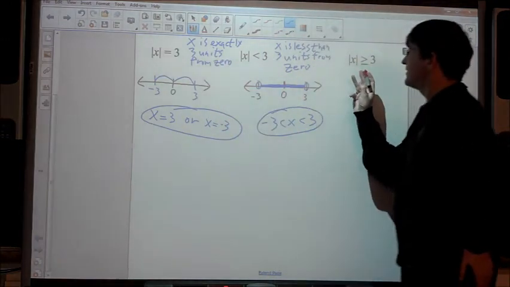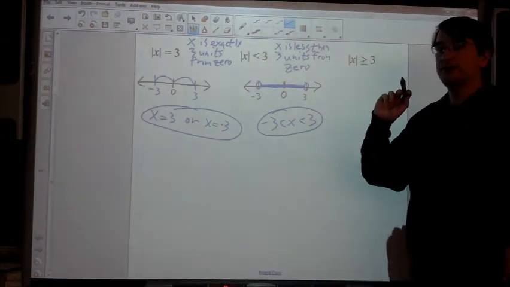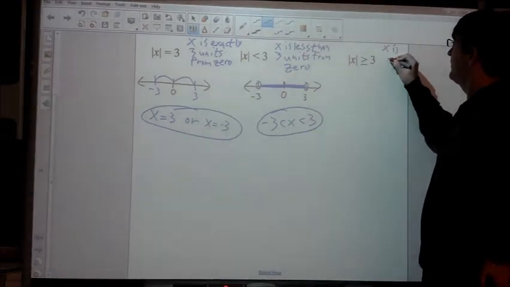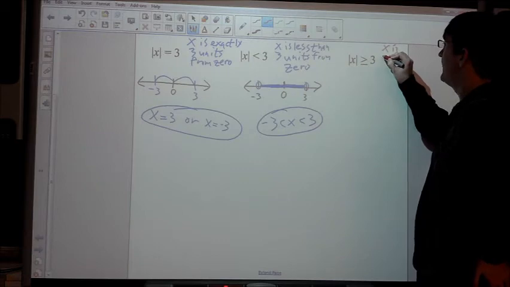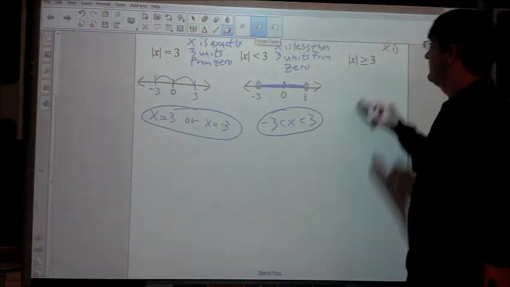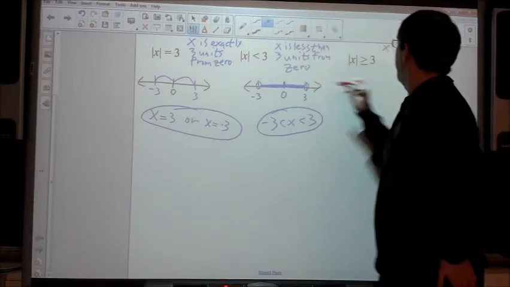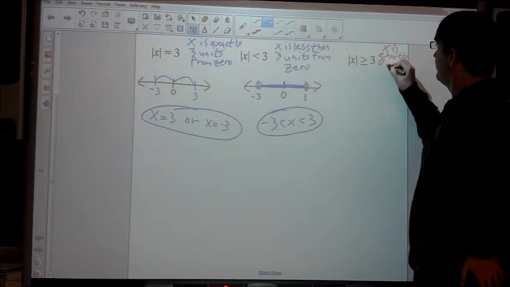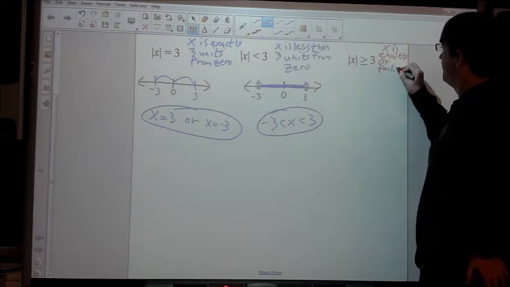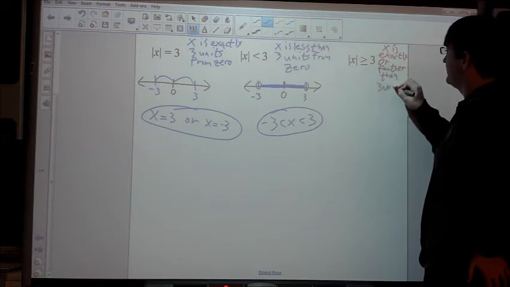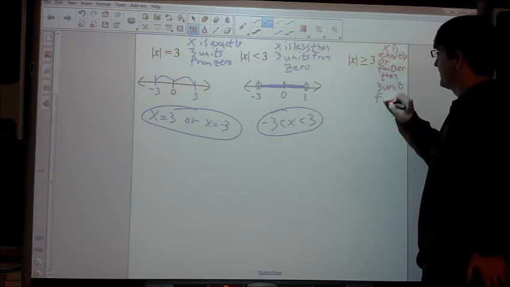Which means that over here, where I have x is greater than or equal to 3, that is my way of saying that x is exactly or farther than 3 units from 0.